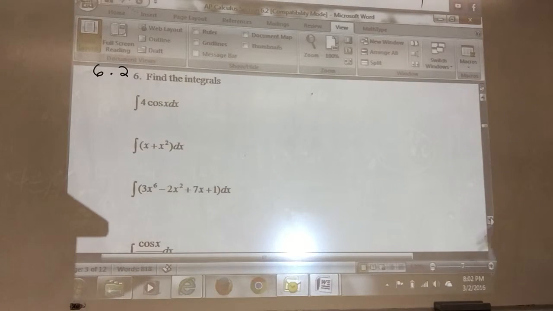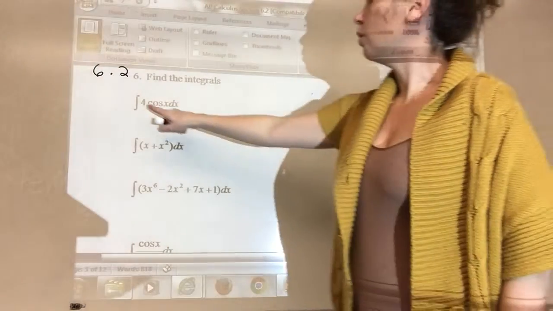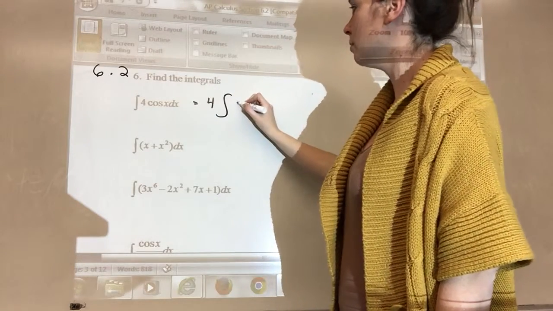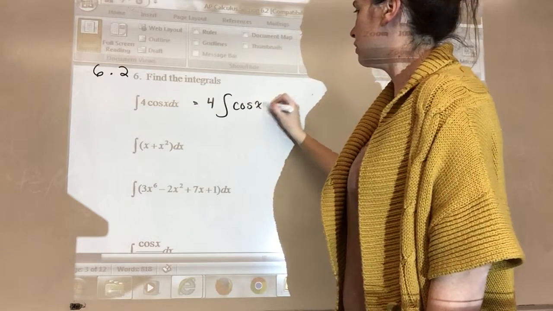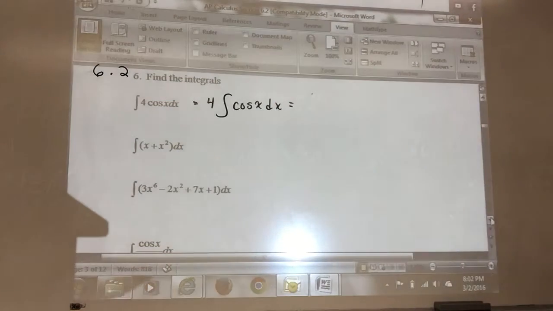Here you see in example 6, we have a constant sitting out front. So what we just learned is that we can pull that 4 through the integration symbol, and then we just rewrite this like this, okay? And then we have to think to ourselves, what is the integral of the cosine of x? And so that's going to end up being the sine of x.